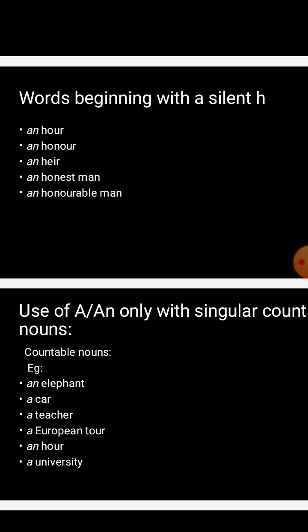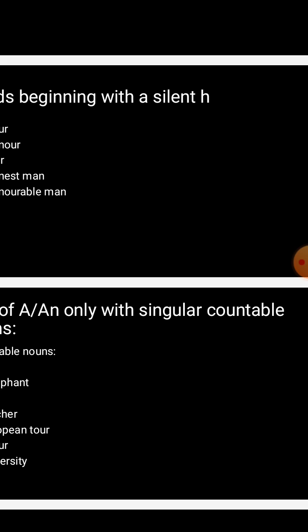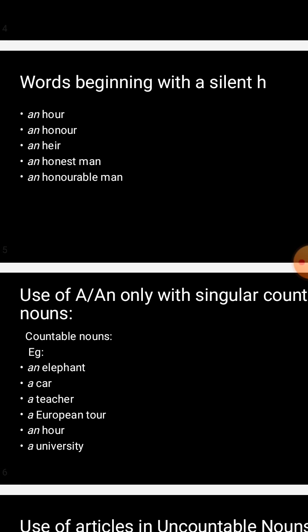Next, as I've already told you, a and an can be used only with singular countable nouns. Nouns are of two kinds, countable and uncountable, singular and plural.